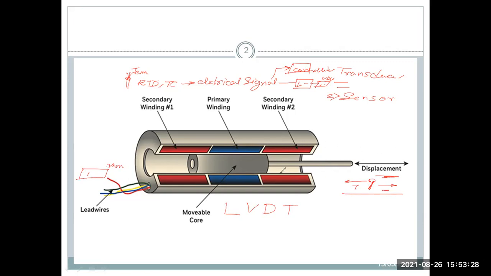This is the actual purpose of this LVDT. This is measuring the linear displacement only. And now we have to know what, how, and why.